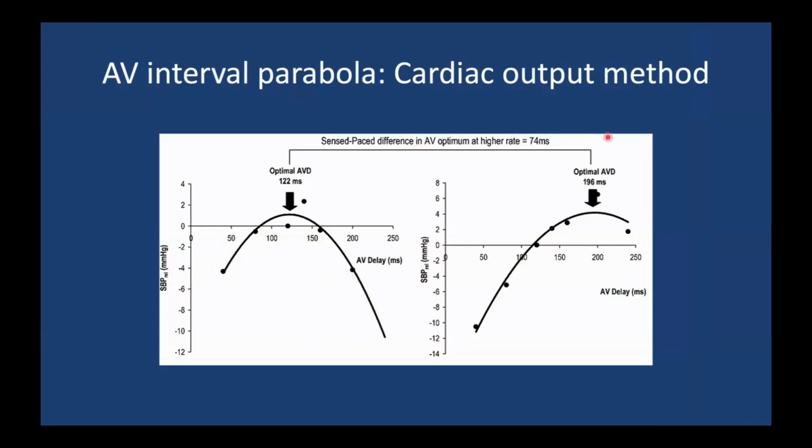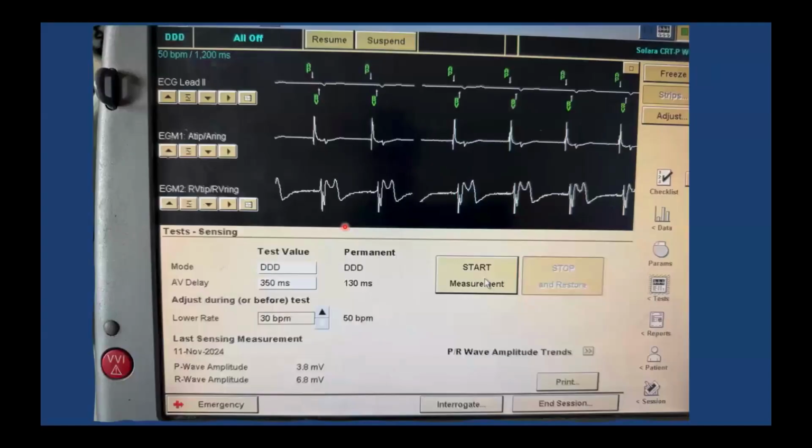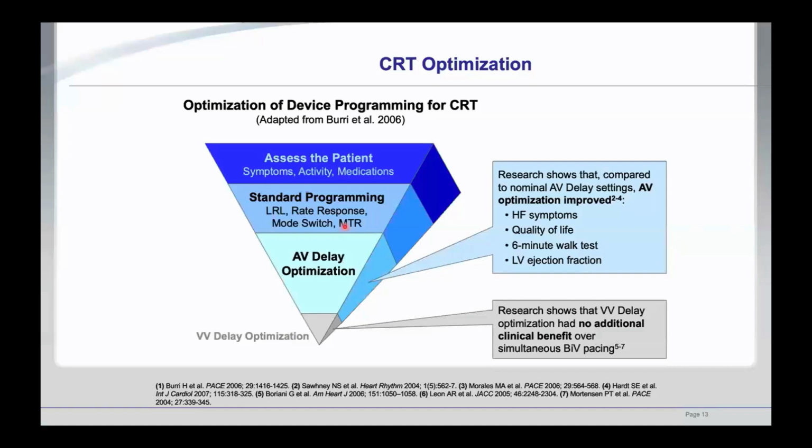This is a cardiac output method for checking the atrioventricular interval to see which generates the best output. In most patients, the optimal out-of-the-box setting is an atrioventricular delay of 120 to 130 milliseconds. But in some patients, that optimal delay is much higher, somewhere around 190 milliseconds. So it's important for us to understand that this sometimes changes a patient's output and outcome.